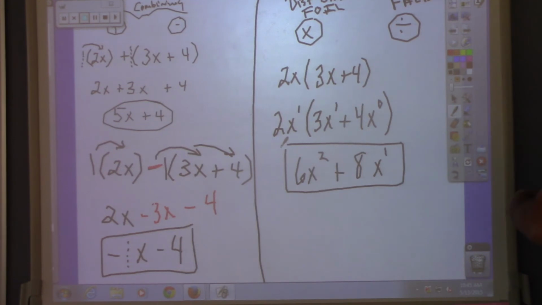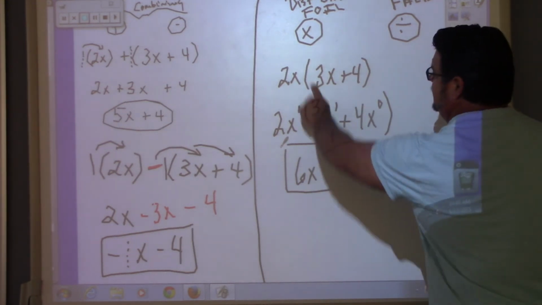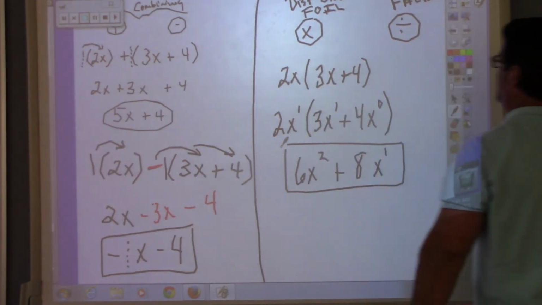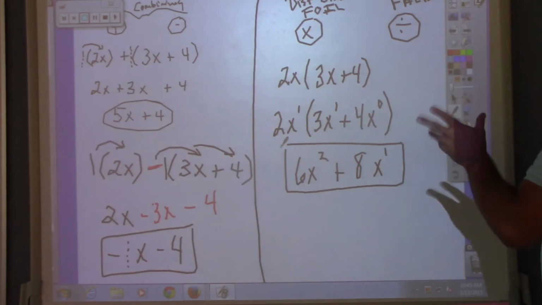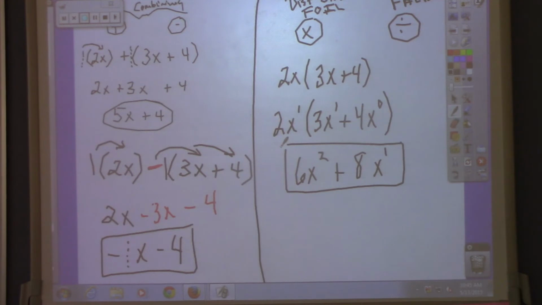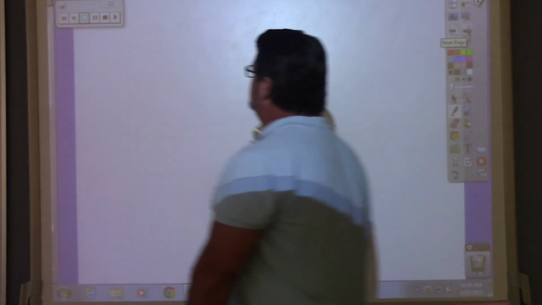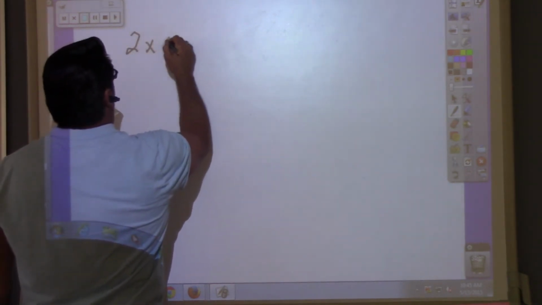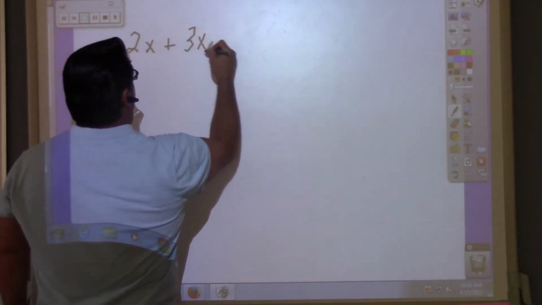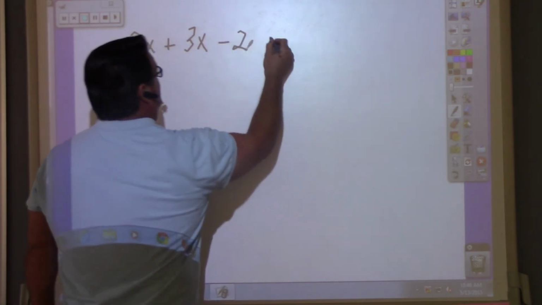Now factoring, you undo this and get this. And I'm going to wait on factoring. We're going to talk about factoring later. I just want to do a couple of equations and then we'll move up to factoring. Uh, 2x plus 3x minus 2 is equal to 0.